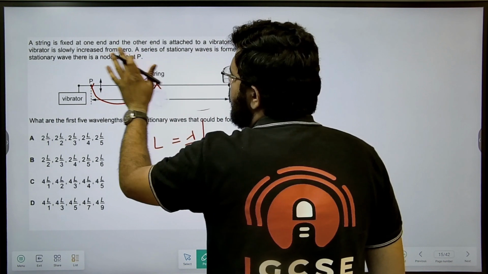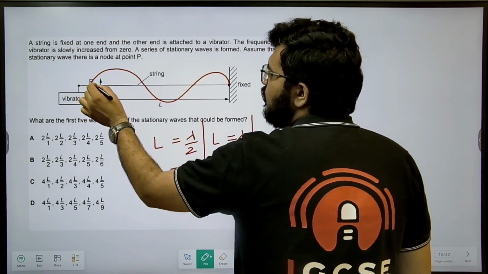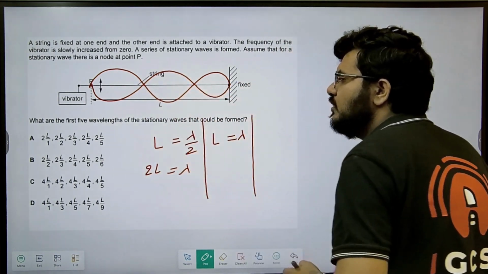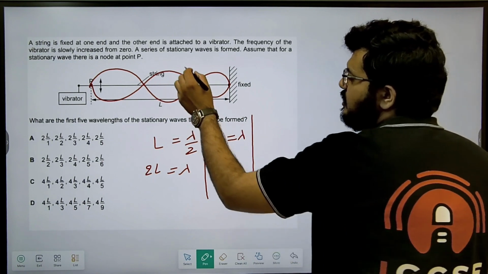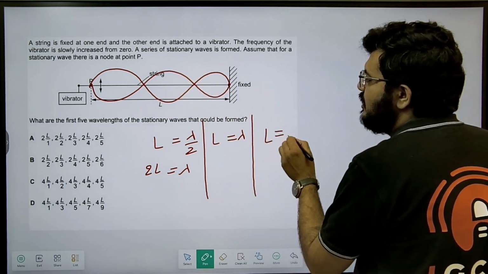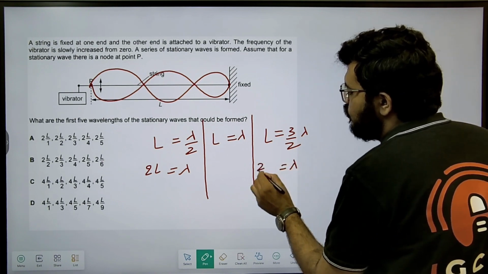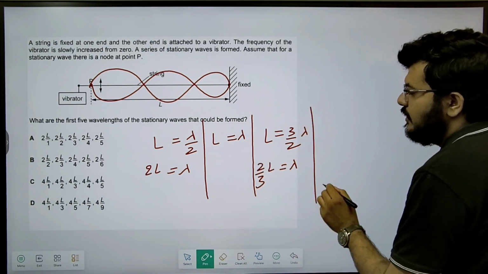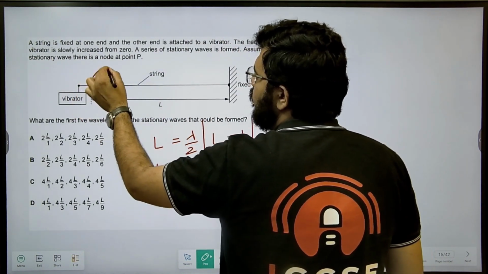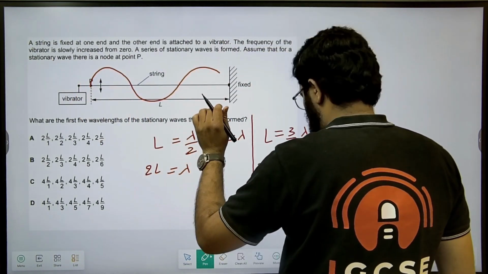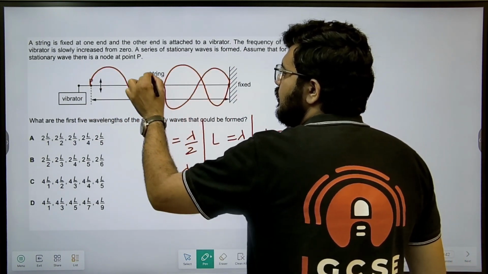Let's look at the third situation, what happens. So this is how the wave looks like, the third harmonic, right? This is where L is equal to 3 by 2 lambda, or lambda is equal to 2 by 3 L. And then when you look at the fourth standing wave, it should be something like this, right?